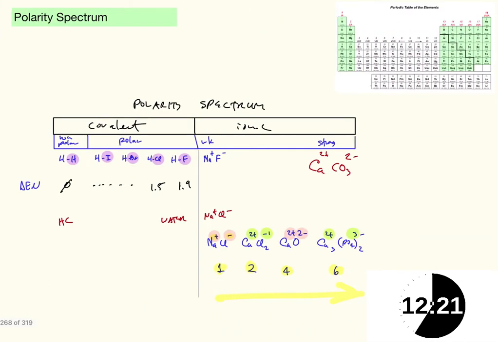So with that, let's pull this together into what's called the polarity spectrum. As I've just introduced, some things can be nonpolar if they have the same electronegativity. If the difference in electronegativity is small, it's slightly polar. If the difference is really large, getting close to 1.9, it's very polar. Or else it can actually not share electrons at all. It can just be ions.